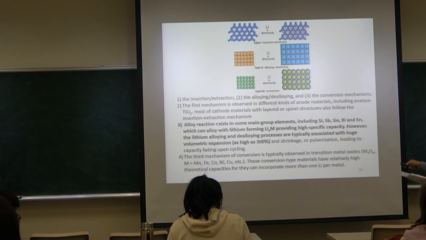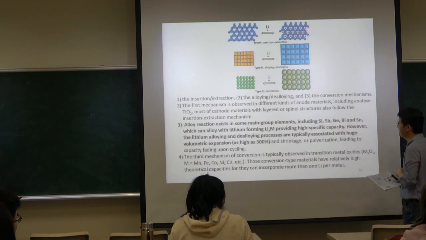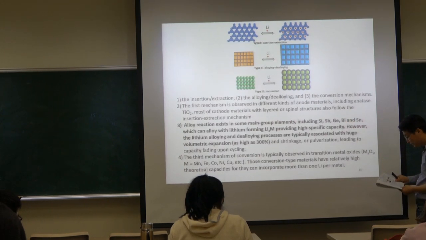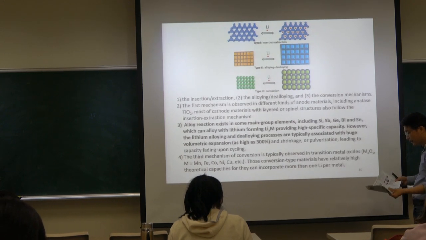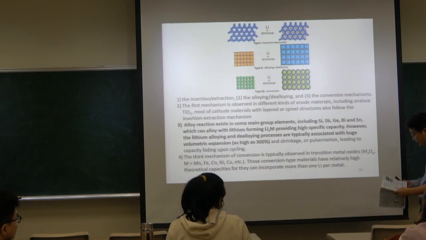So the alloy reaction exists in some main group elements, including silicon, antimony, germanium, bismuth, and tin. I will give you more examples about tin, maybe in the next chapter.